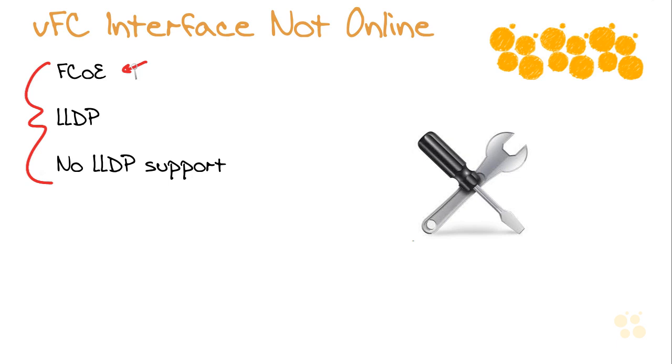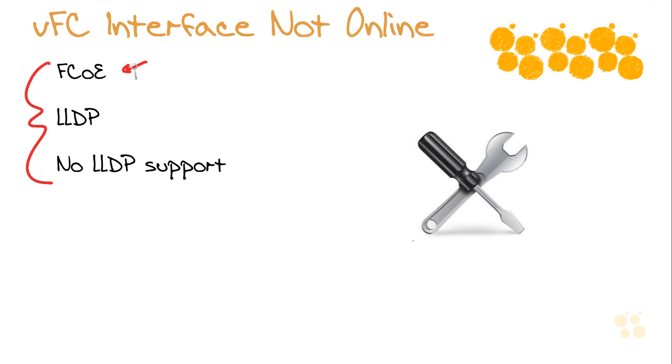We want to verify our configuration using show running config here. The default setting for our virtual fiber channel is shut down. So we want to make sure that the virtual fiber channel interface is indeed enabled.